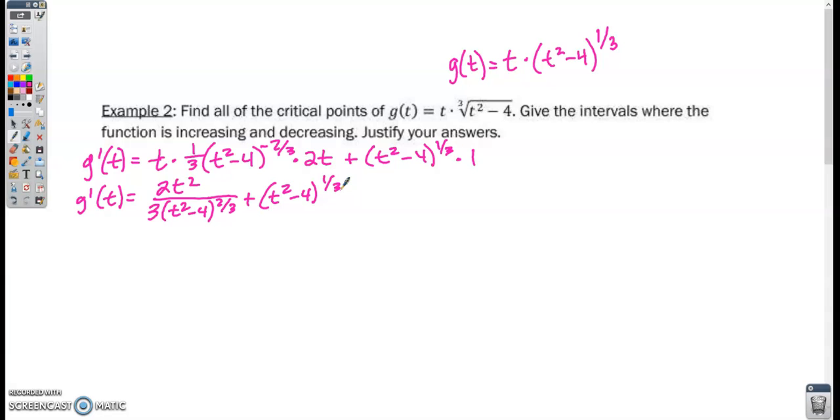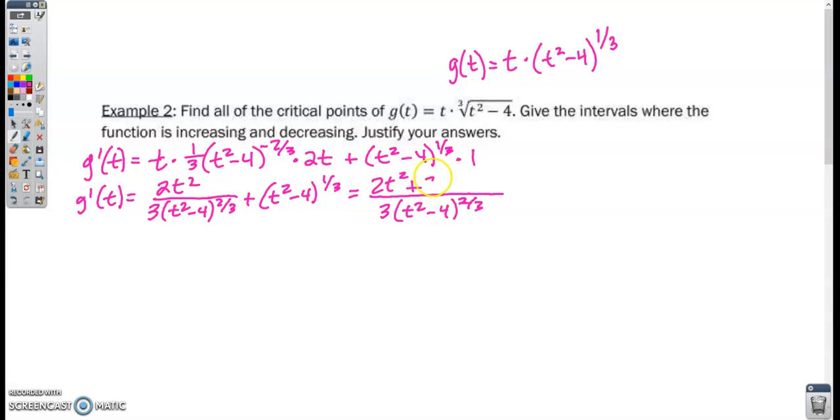And it's going to be easiest for me here to find my critical points if I combine this derivative into a single fraction. And I'm going to do that by finding a common denominator, the common denominator being 3 times the quantity t squared minus 4 to the 2/3. So the 2t squared stays the same, and then in order to get this over that denominator, I need to multiply this term by 3 times the quantity t squared minus 4 to the 2/3.